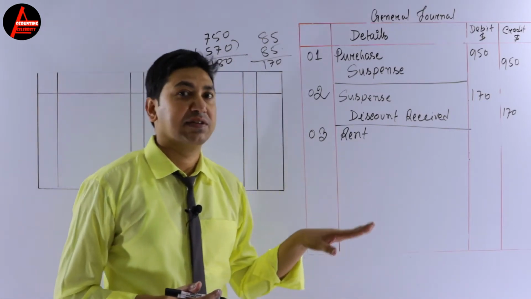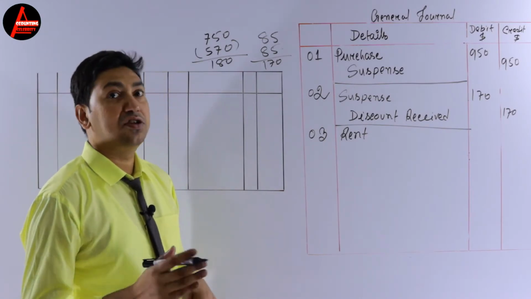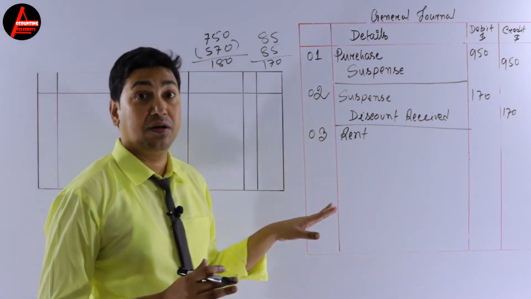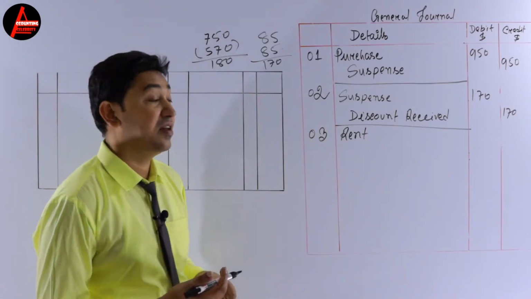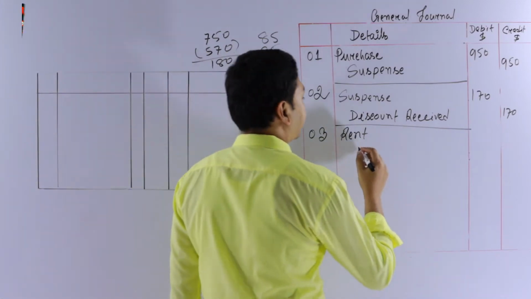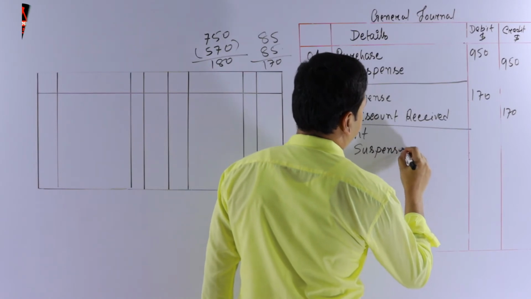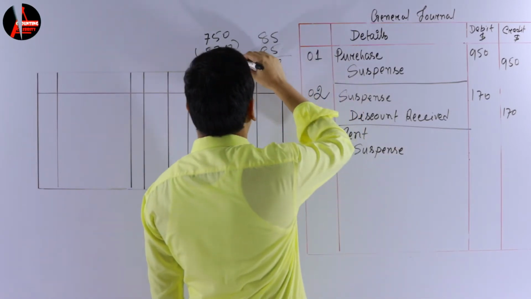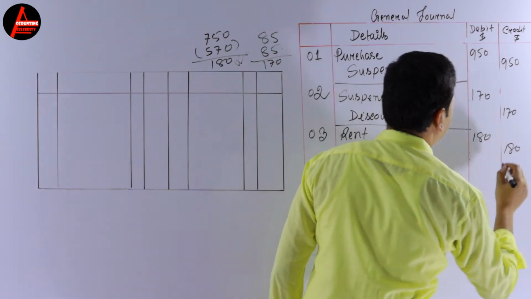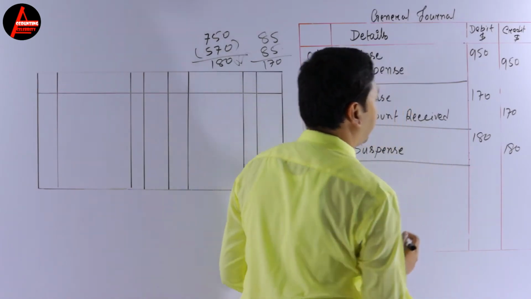Expense, when expense increases, expense must be debited. So what is credit here? Here we will write again the suspense account. How much will you write? It is $180 debit, $180 credit. Okay, so number 3 is over.